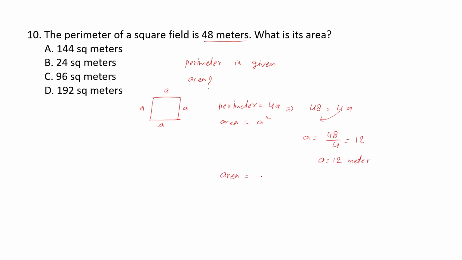A you know, now you can compute area. Area is 12 into 12, that is 144 meter square. That is option A. Option A is correct. Okay.